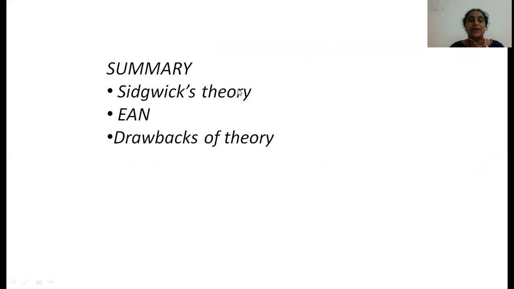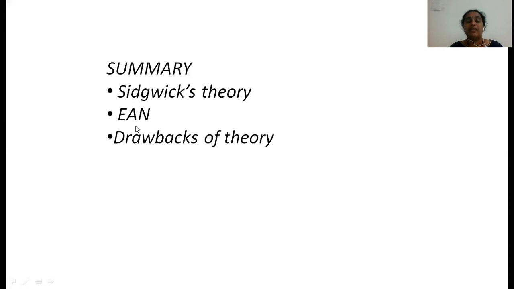Coming to the summary of this topic, today we have learned the postulates of the Sidgwick theory. Sidgwick theory mainly explains that the bond between metal and ligand is a coordinate covalent bond. It also explains the EAN: the total electrons of the central metal atom, including those gained from the ligands, is called the effective atomic number.